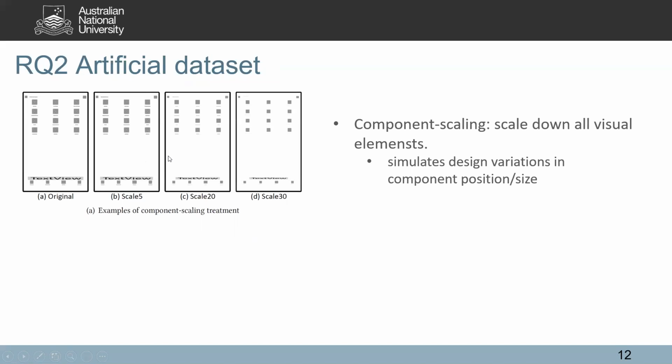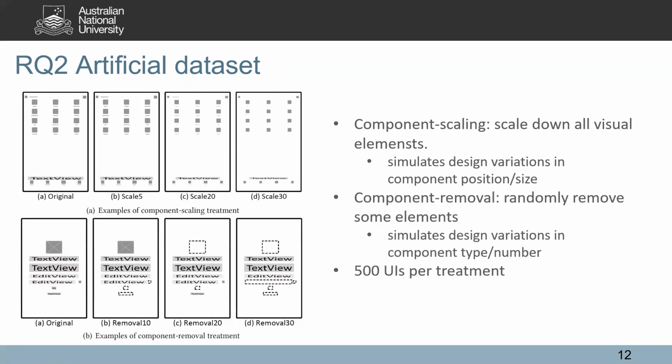Since there is no labeled dataset, we synthesize an artificial dataset. We consider two types of treatment to synthesize our data. The first one is component scaling, which scales down all visual elements within the user interface. It simulates the design variations in component position and size. The second treatment is component removal.